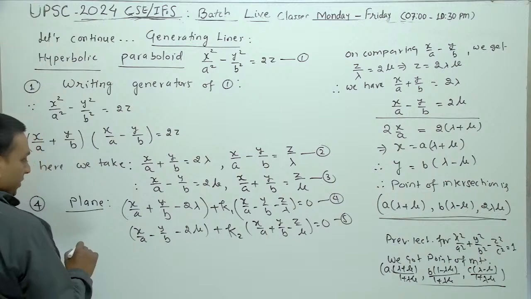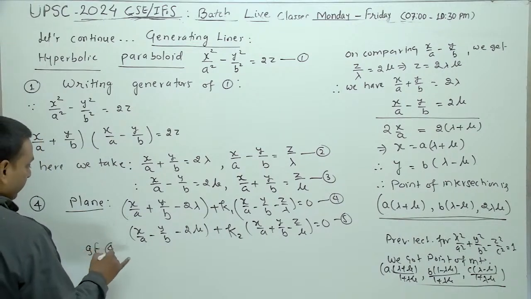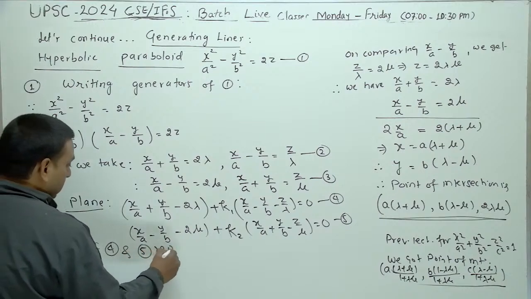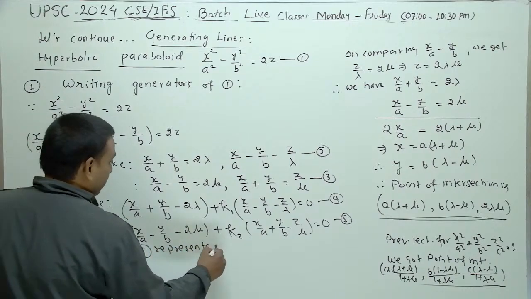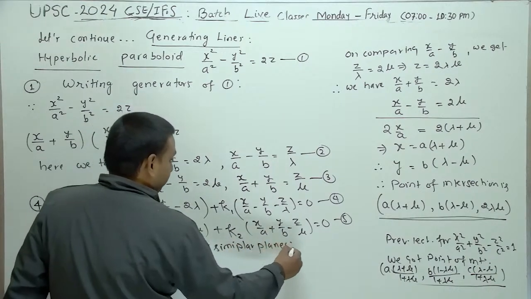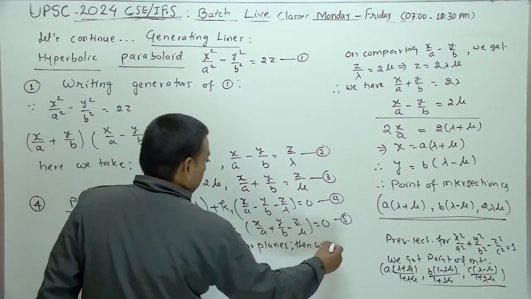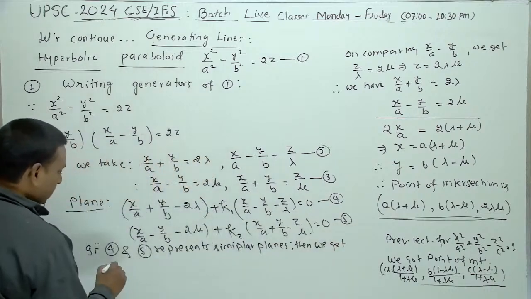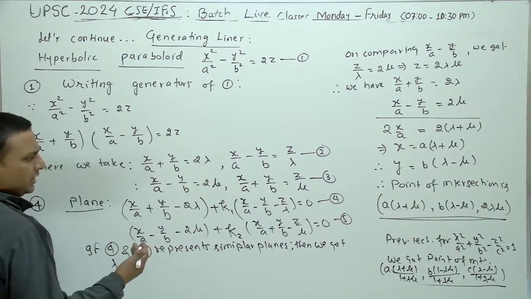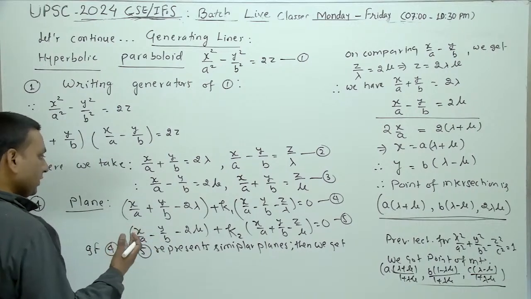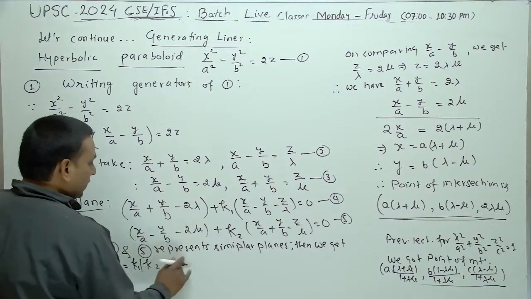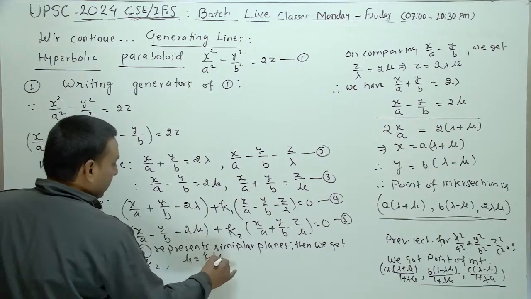Right. So if 4 and 5 represent similar planes, then we get lambda equals mu, and k, whatever we took. We already have lambda and mu, so you will get k1 by k2, and mu you get k2 by k2.